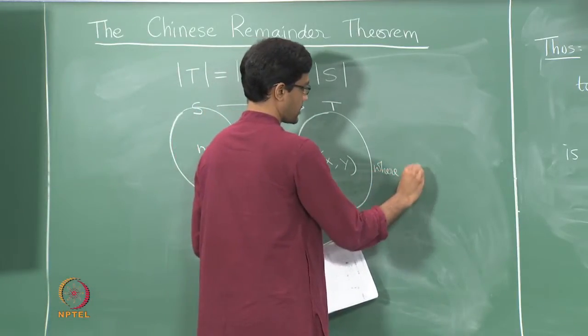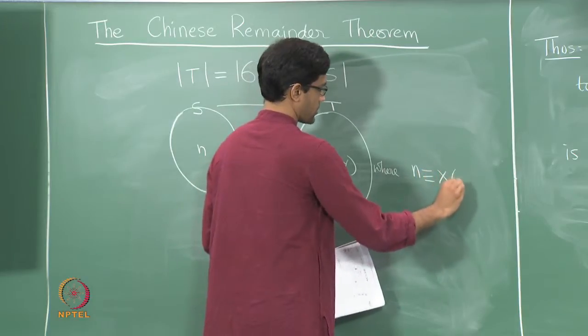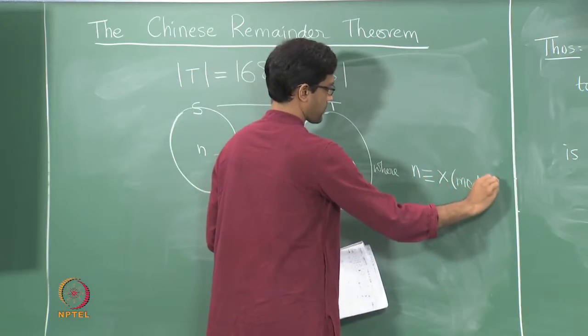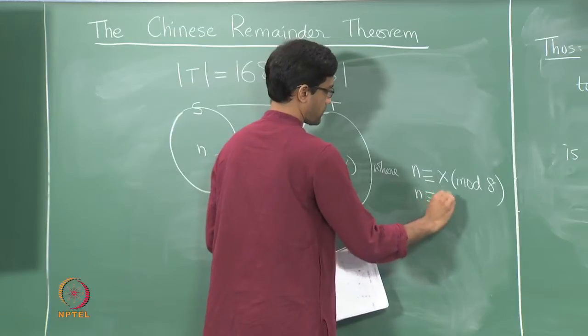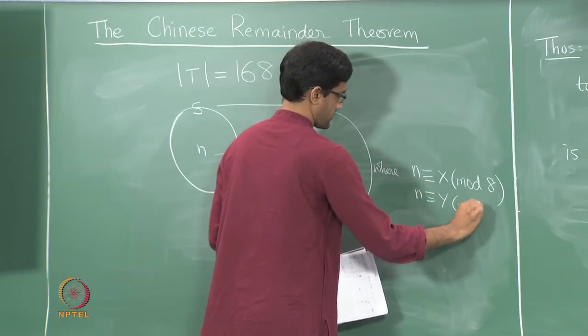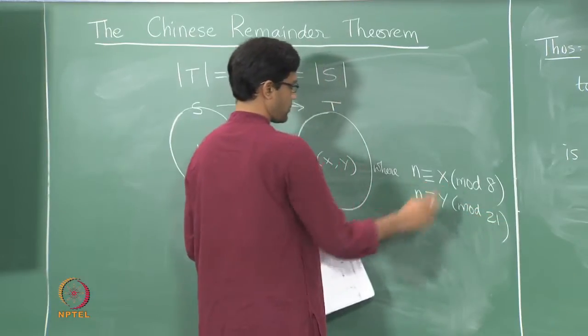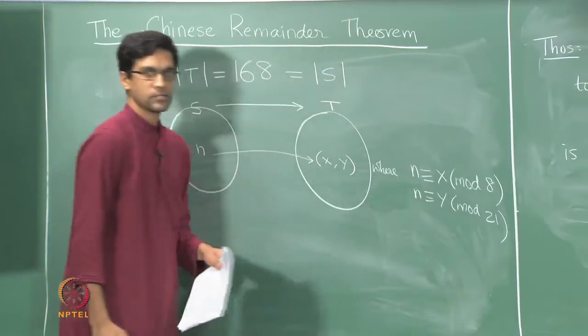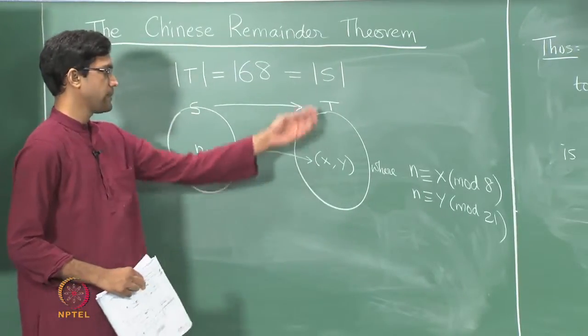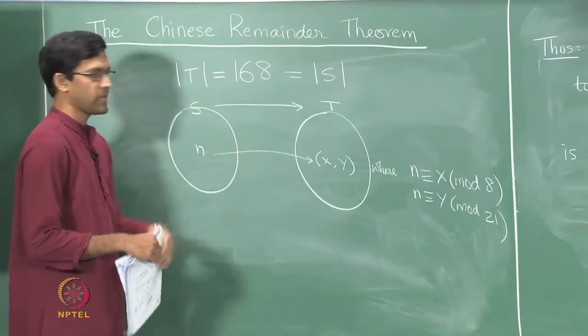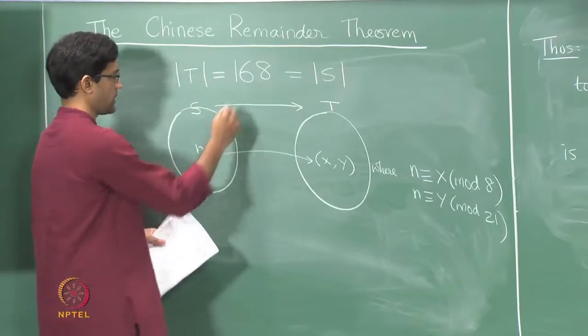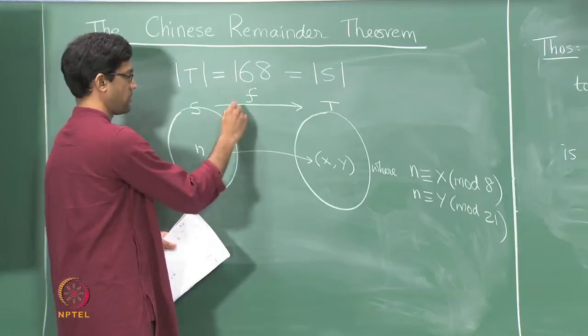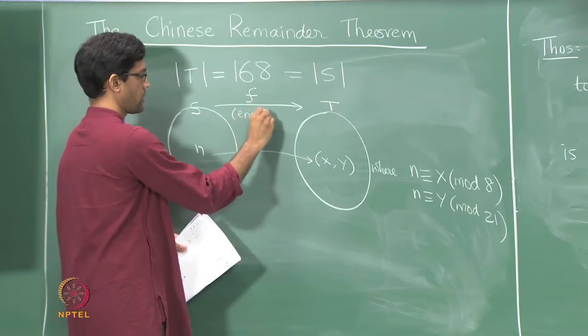So n is congruent to x mod 8 and y mod 21. X is between 0 and 7, y is between 0 and 20. Only then will it be an element of T. So here's the encoding map. Let's just call it F. Think of this as the encoding.